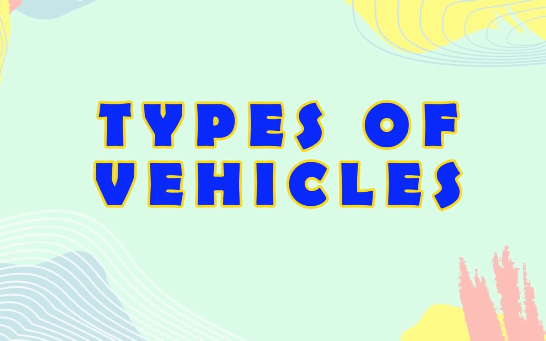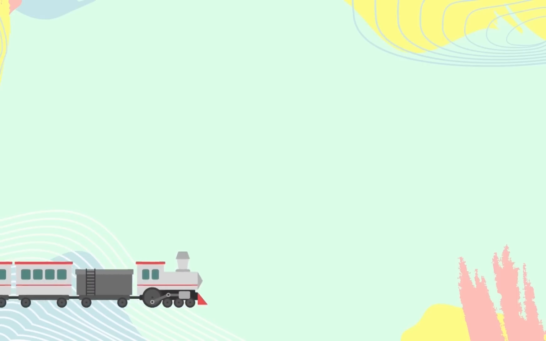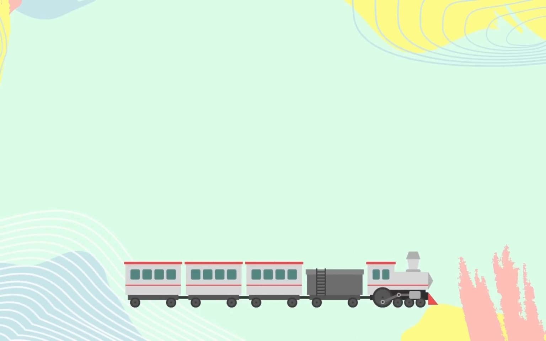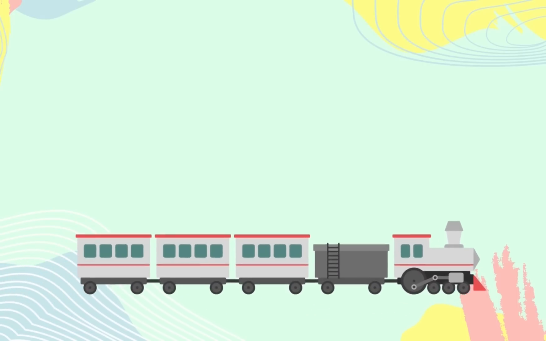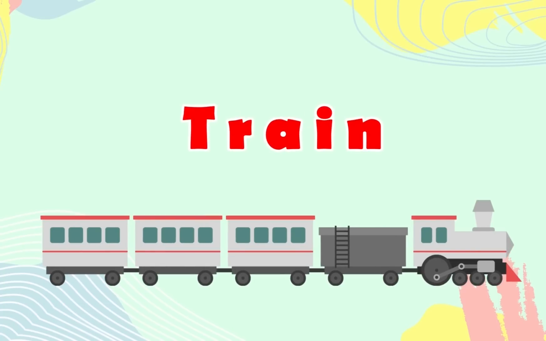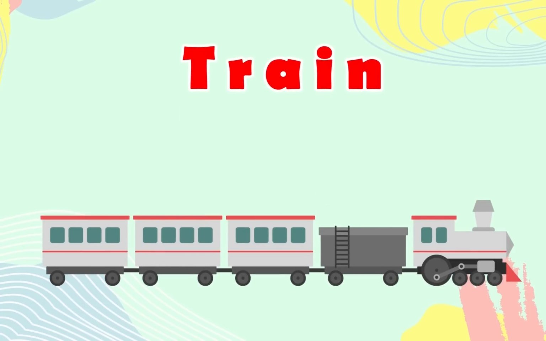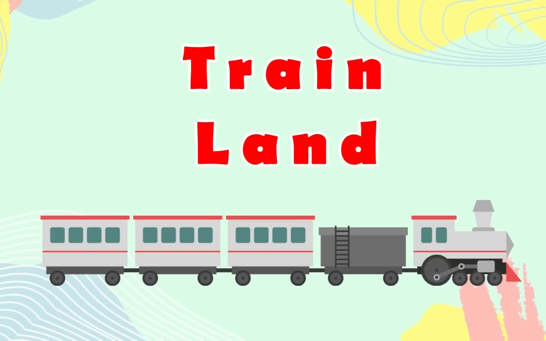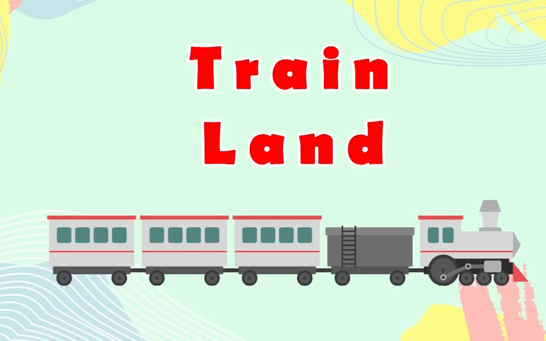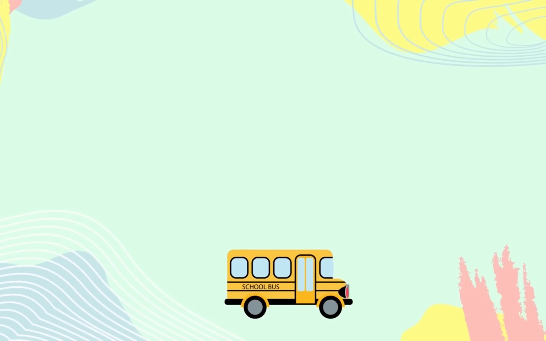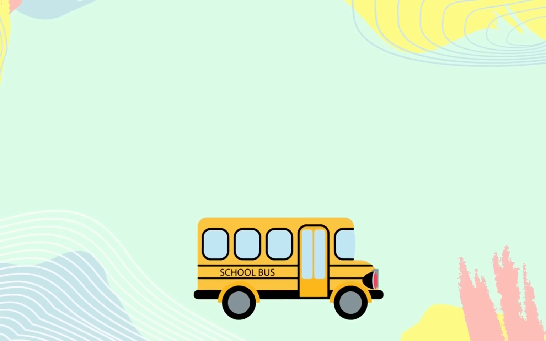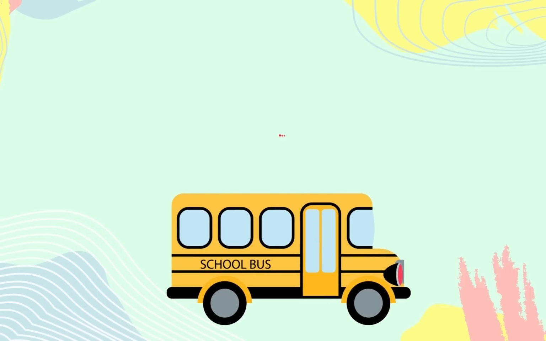Types of vehicles. This is a train, and you see a train on land. This one is a bus.